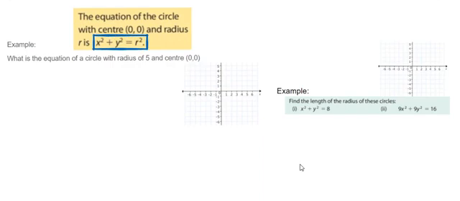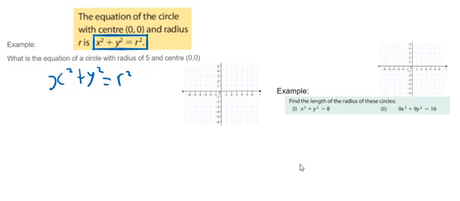The example here is: what is the equation of a circle with radius of 5 and center 0, 0? Because we have center 0, 0, we can just use this formula. x squared plus y squared equals r squared, and r always stands for radius.